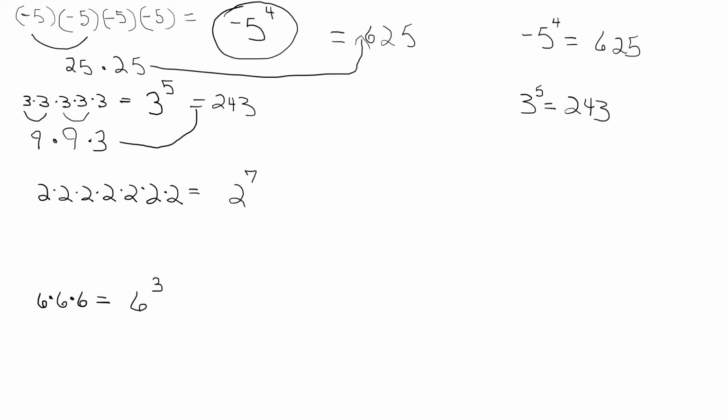Same here. Positive 2 times positive 2 will give us 4. Positive 2 times positive 2 will give us another 4. Positive 2 times positive 2 gives us another 4. Times this 2 right here.